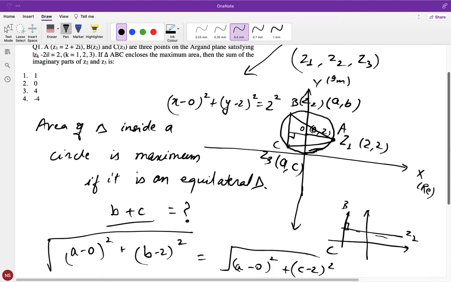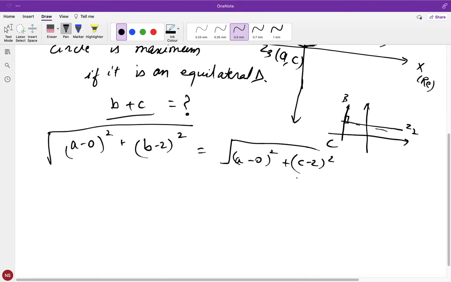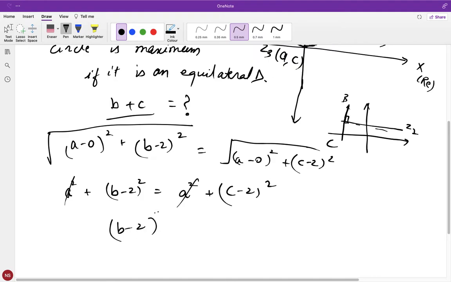This is a very conceptual question. There is not much calculation to be done. It's, I would say, a good question. When I open the squares, I get a^2 + (b - 2)^2 = a^2 + (c - 2)^2. This cancels, so (b - 2)^2 = (c - 2)^2.